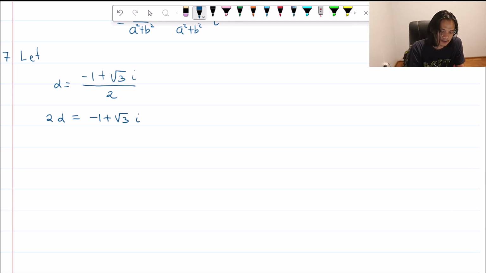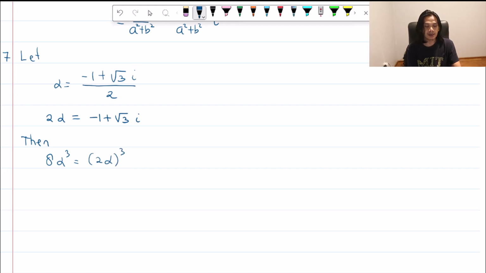So it follows then 4α² = (-1 + √3i)², or let's do it, 8α³, which is 2α cubed, is equal to (-1 + √3i)³.